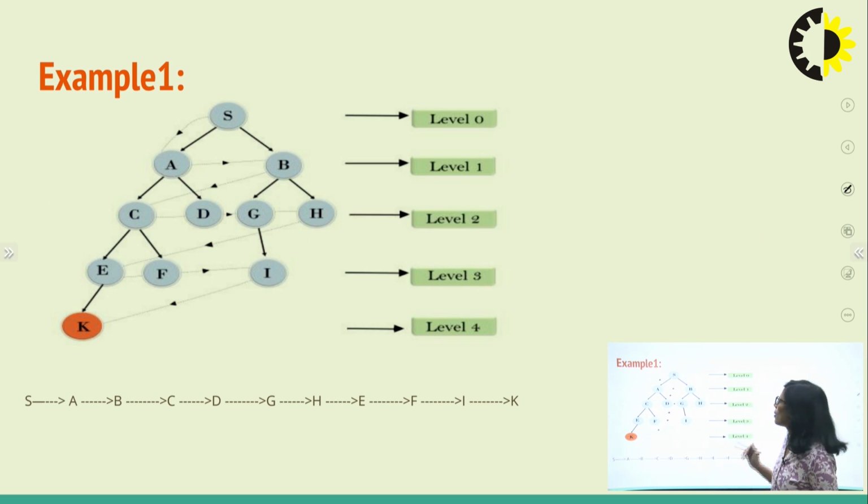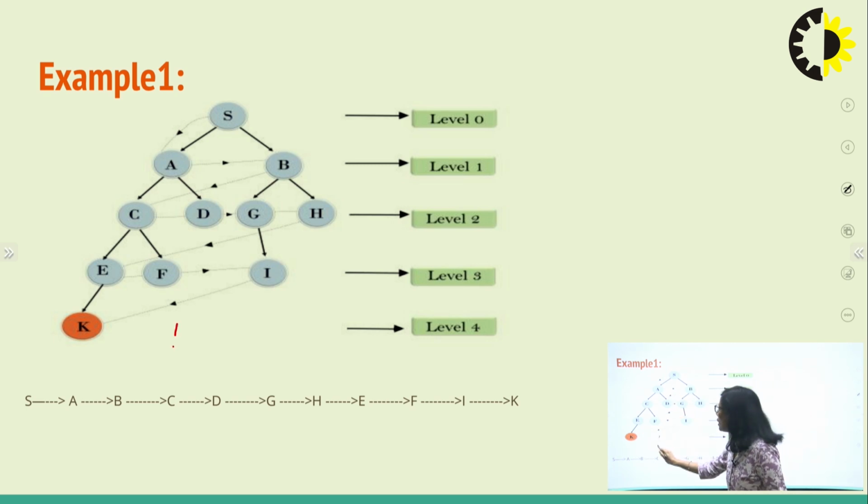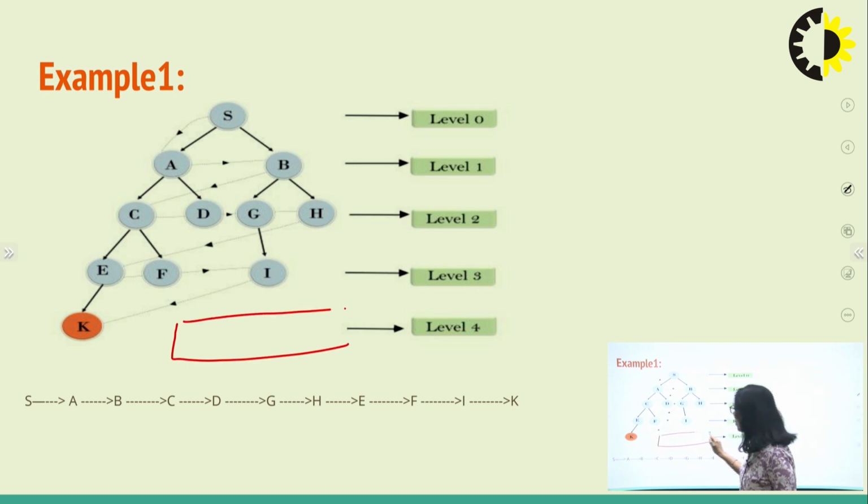Now this is an example. Suppose we start with the S node. This is the starting node, and K is the goal node. First of all, we make a queue, and at the beginning we add S to the queue. Now there is only one node in the queue. We dequeue it, and then we find its successors.